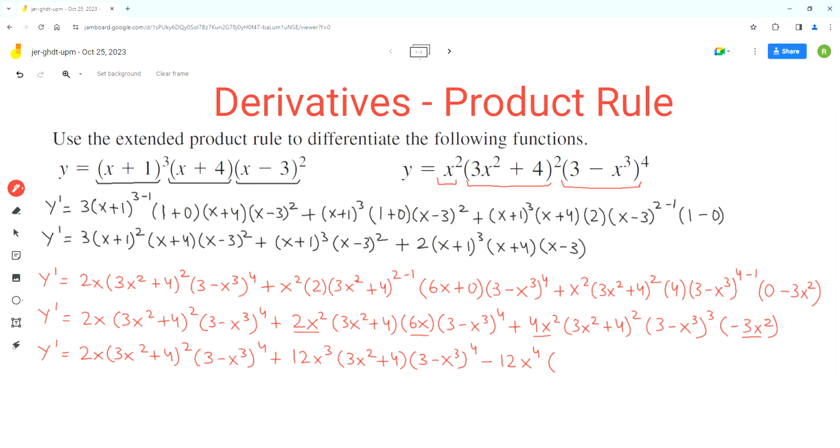So then it will be (3x squared plus 4) squared and then (3 minus x cubed) exponent 3. So this can be the final answer for the derivative of the second function. Now if we want, we can factor it further, but this can also be the final answer.